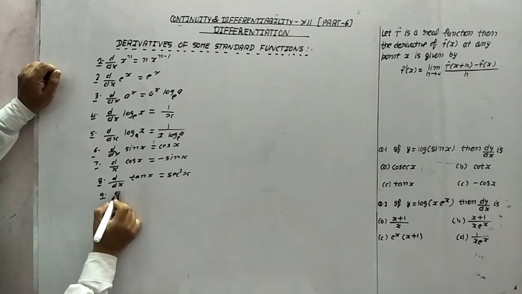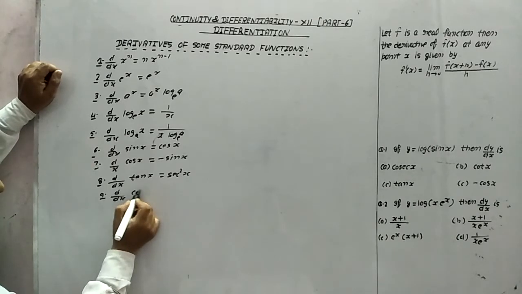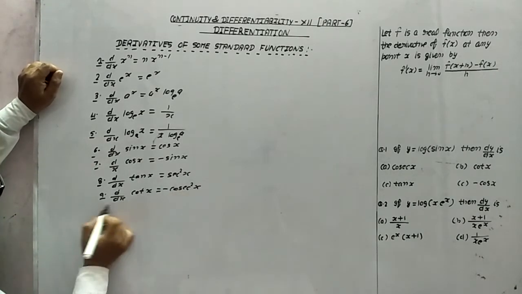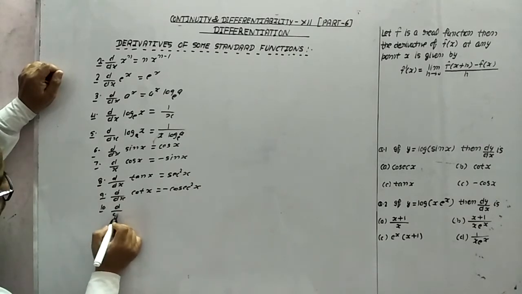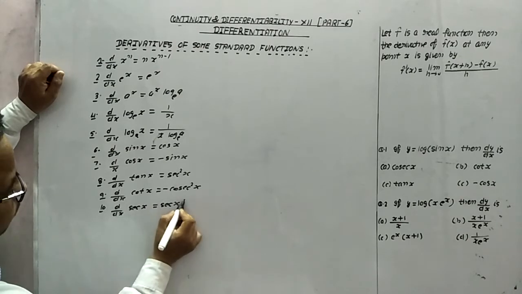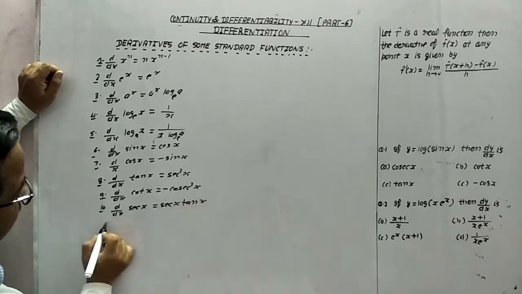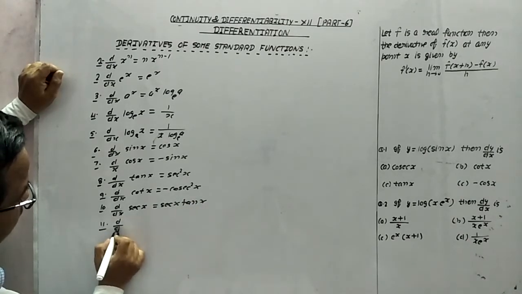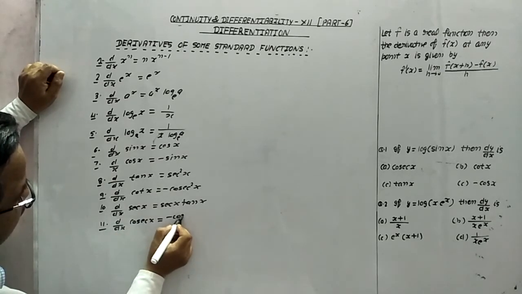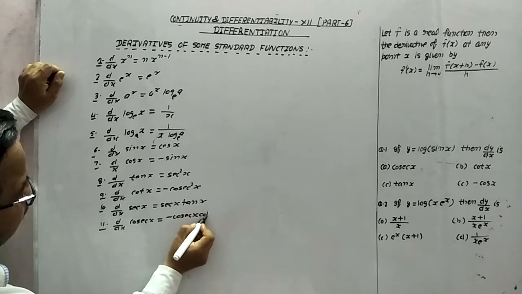Then d by dx of cot x is equal to minus cosec square x. Then d by dx of sec x is equal to sec x tan x. And then d by dx of cosec x is equal to minus cosec x cot x.